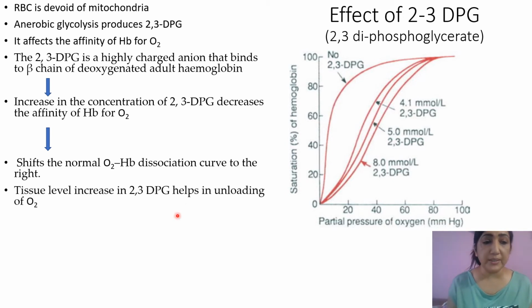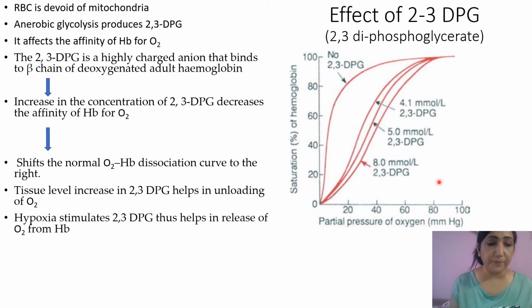So an increase in 2,3-DPG at the tissue level helps in unloading of oxygen. With no 2,3-DPG, unloading is less, whereas with more 2,3-DPG, unloading is more and the curve shifts towards the right.